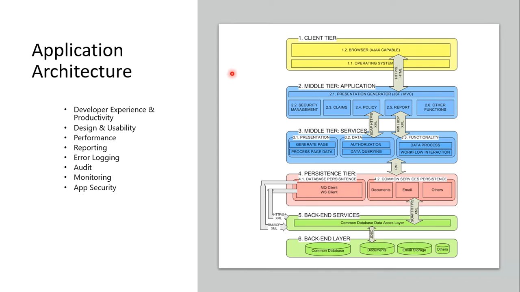When you are sitting in the application architecture, what is developer experience and productivity, which I have written at the top? You want the work to produce and maintain a positive experience for all the staff who are working on the system, anybody.